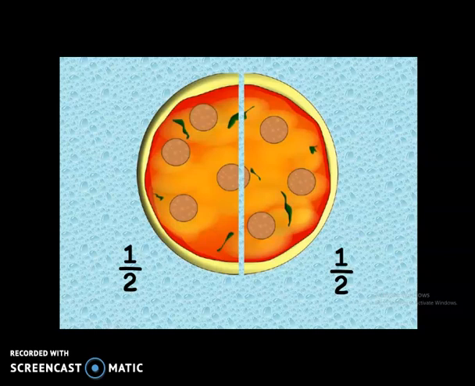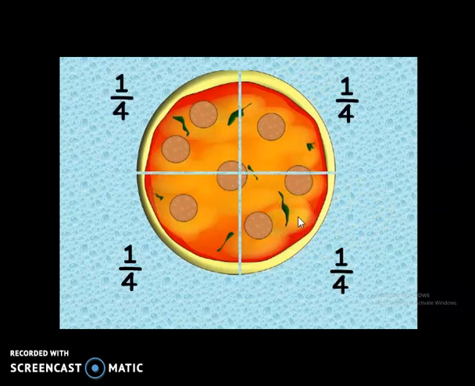Okay, we said fraction is part of a whole or it is part of a group. So this is just one whole pizza and it has been divided into two to show that it is in a half. Okay, now you are four of you and you want to share this pizza. How are you going to divide it amongst the four of you? You will cut it into four parts.